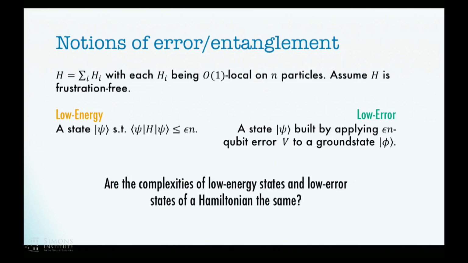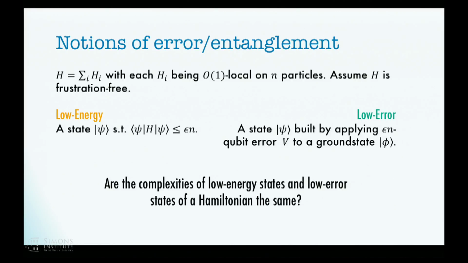Well, one thing you can say is that low error implies low energy, assuming a reasonable constraint on your Hamiltonian, which is that each particle acts in a bounded number of terms. So the complexity of a low error state will be that of a low energy state. But it still stands, what is the complexity of these low energy states?